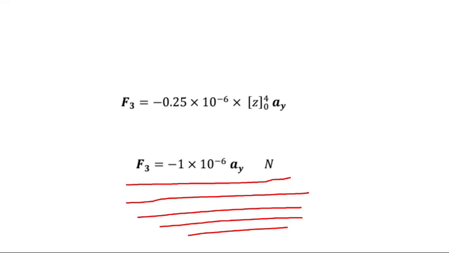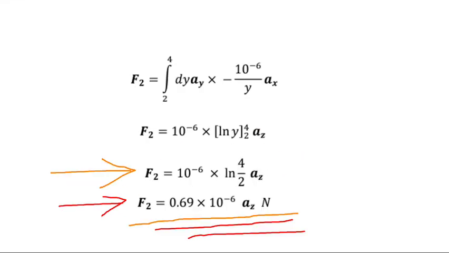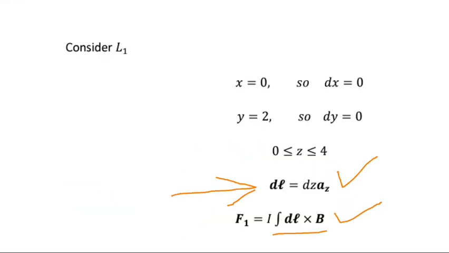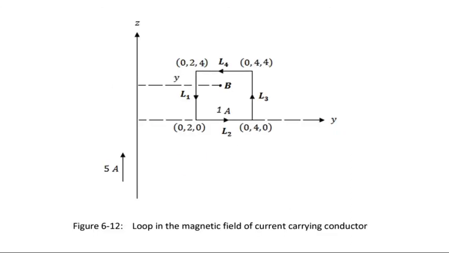Now we consider side L4 of figure number 6.12. If we consider side L4 of the current carrying loop, x is 0, dx will be equal to 0, z is 4, dz will be 0, and y is changing from 4 to 2.